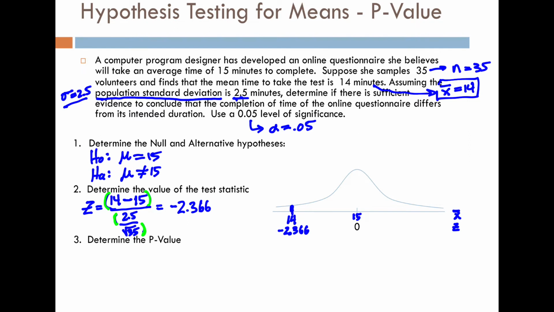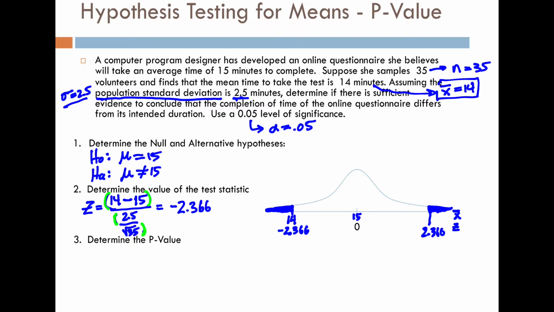And because this is a two-tailed test, the p-value is going to be the area to the left of this, but then it's also going to be the area to the right of its positive counterpart, positive 2.366. The definition of p-value says that it's the probability we'd have gotten the result that we did, which is 14 minutes, or something more extreme, so that would be going to the left.